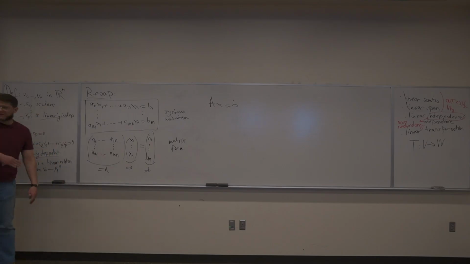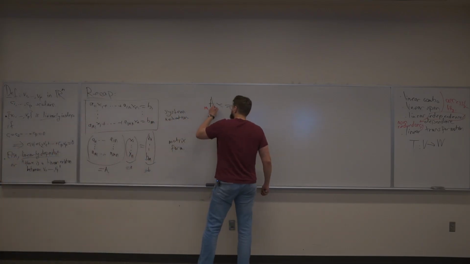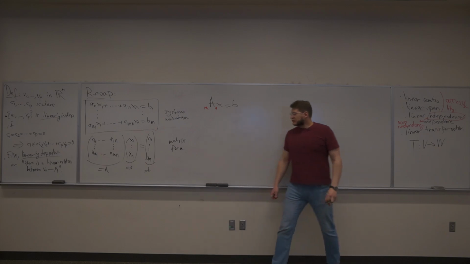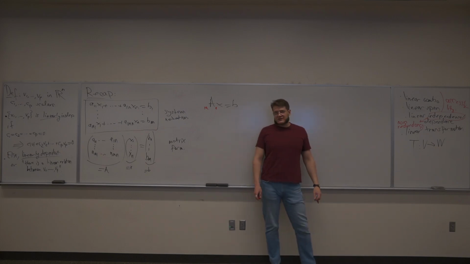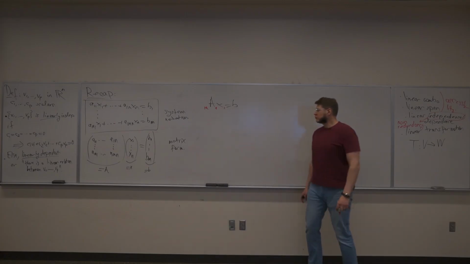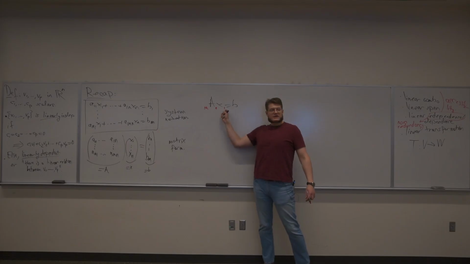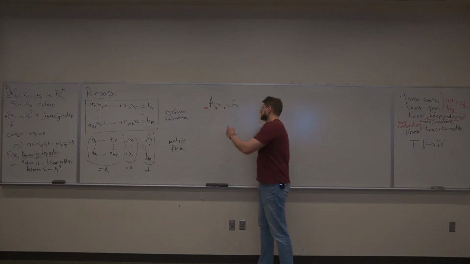M is going to go to the left, n is going to go to the right. Okay? But I can do the same thing with the x matrix or vector. X is n by 1. Okay? And so when I put these two together, I get m by 1. Okay?